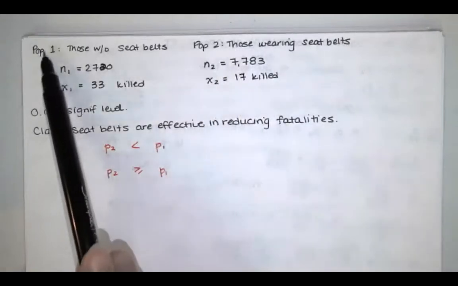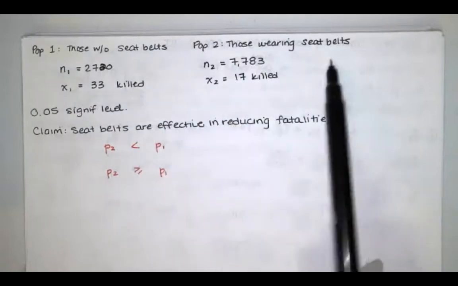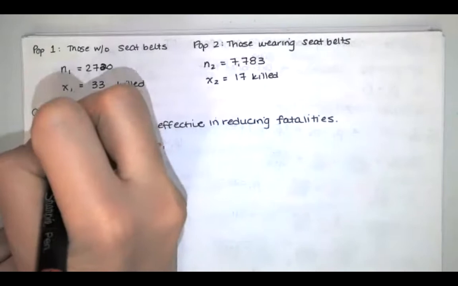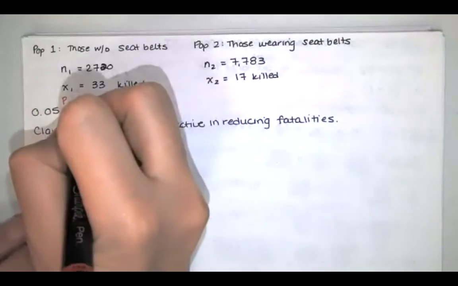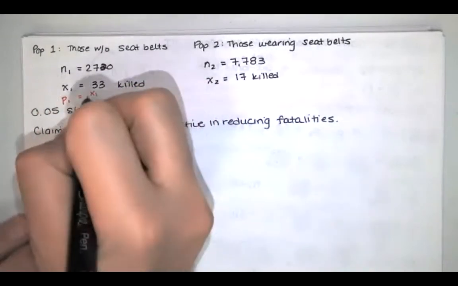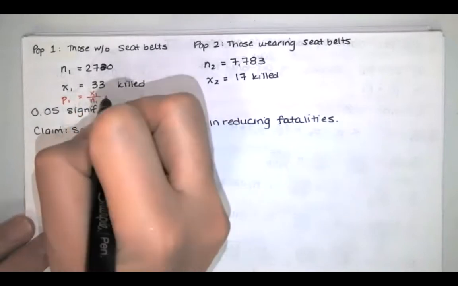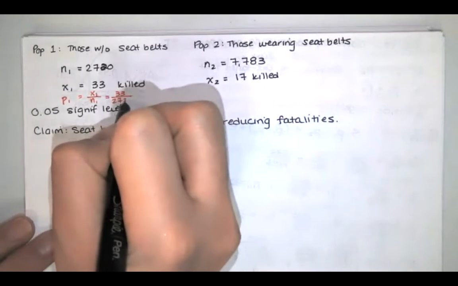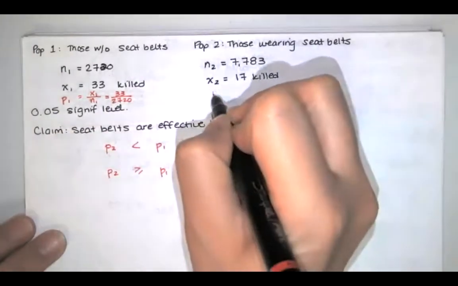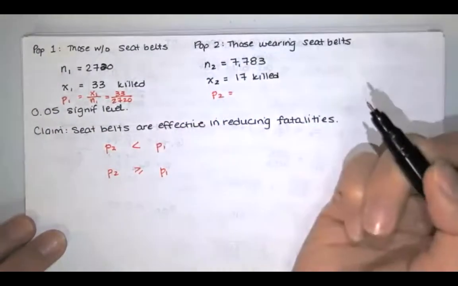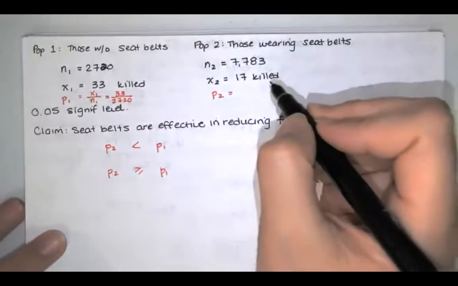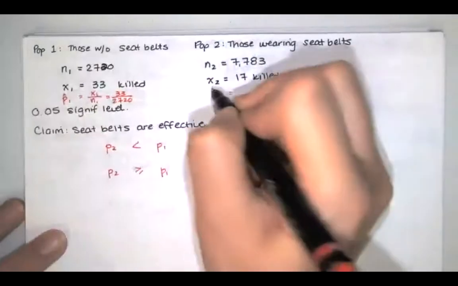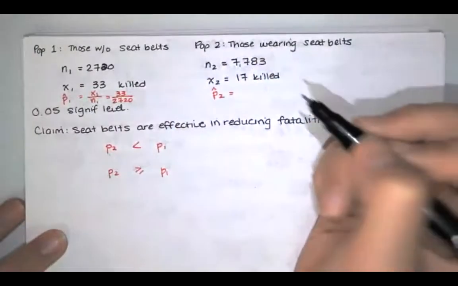Now we were asked to designate this as the first population and this is the second population. So that means the sample proportion for this sample is the number that were killed out of our total sample size. So that's going to be 33 out of 2,720. And then over here, this is p sub 1 hat, excuse me, and this is p sub 2 hat.